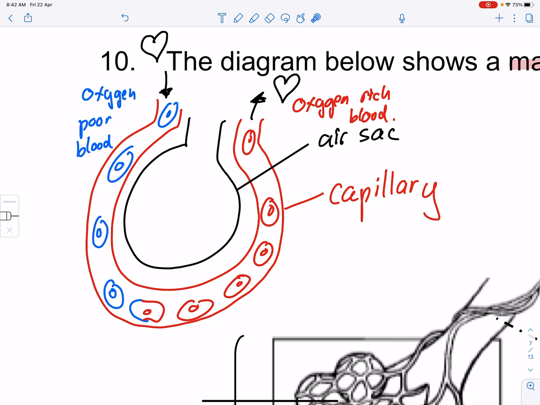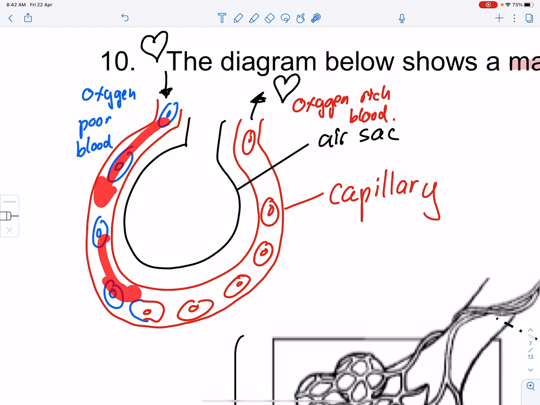Your hands, your legs, your kidney, your lungs, your brain. All goes back to the heart, deoxygenated. Why? Because your lungs, everybody will have taken it and used it up for respiration. Okay, so it is very rich in carbon dioxide, but very poor in oxygen.